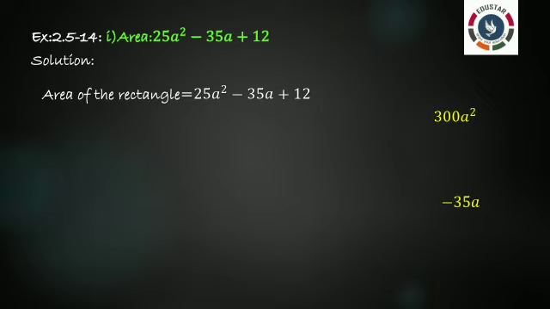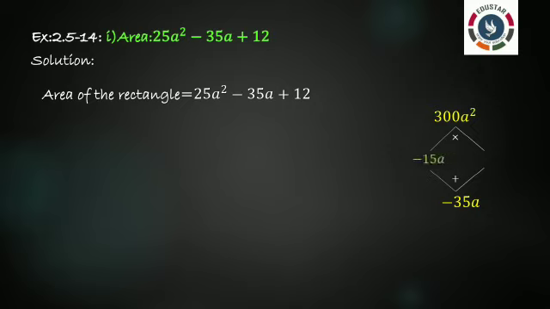Minus 35a. So on multiplying you should get 300a square, and on adding you should get what? Minus 35a. Since the product is positive and the middle term is negative, both the numbers are what? Negative numbers.